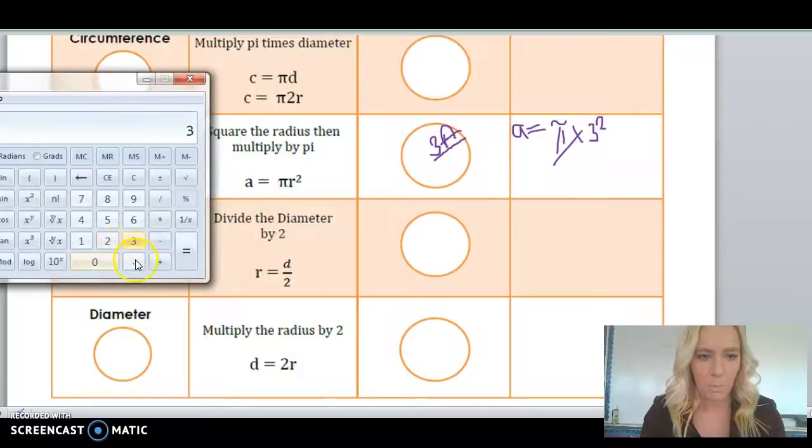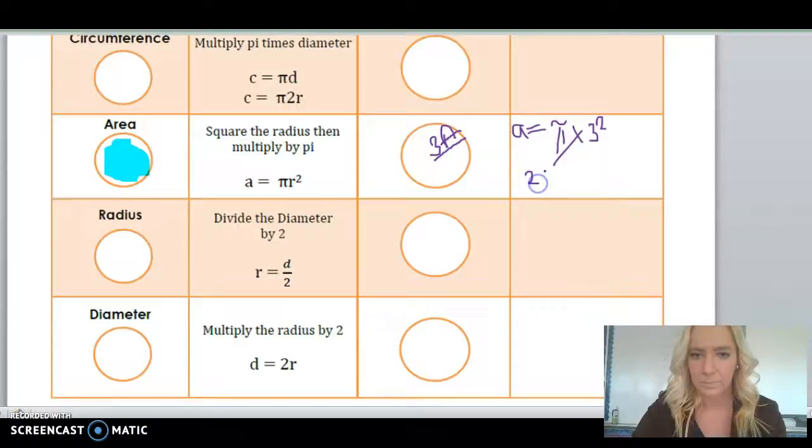So let's take 3.14 times 3 squared, which is 28.26 feet squared.